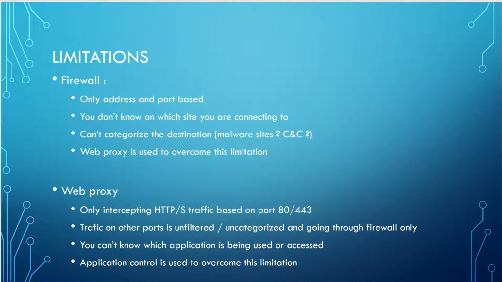And then we can use the application control module to overcome this limitation. So for example, your NAS connects to an internet site on TCP port 2222. It's not going to go through the web proxy because it's not web traffic.